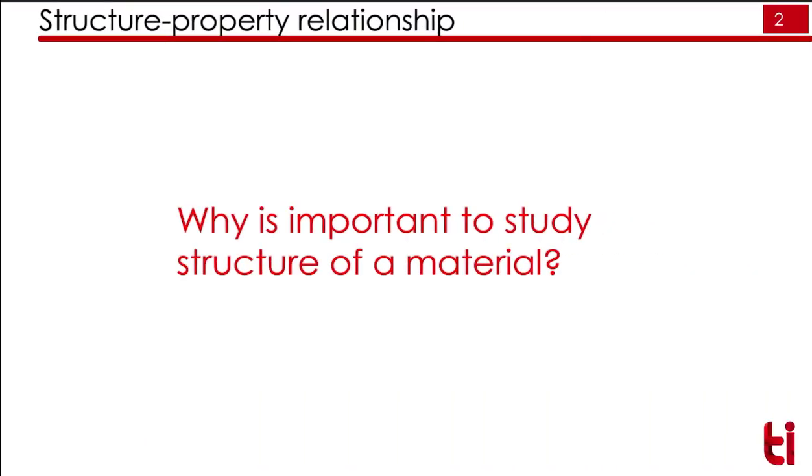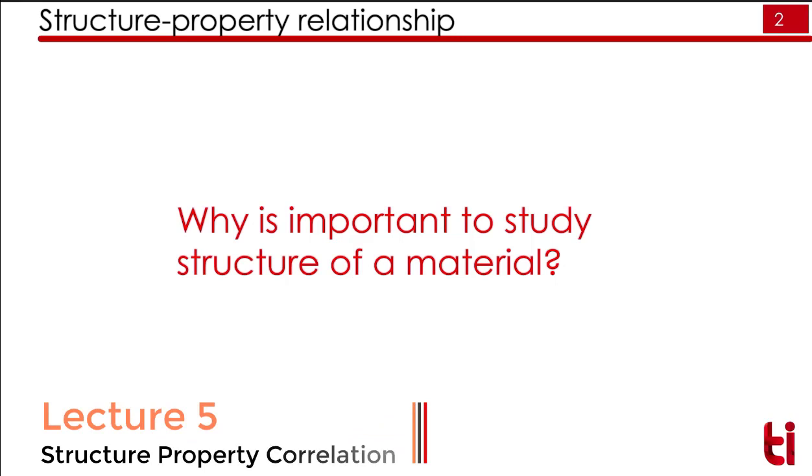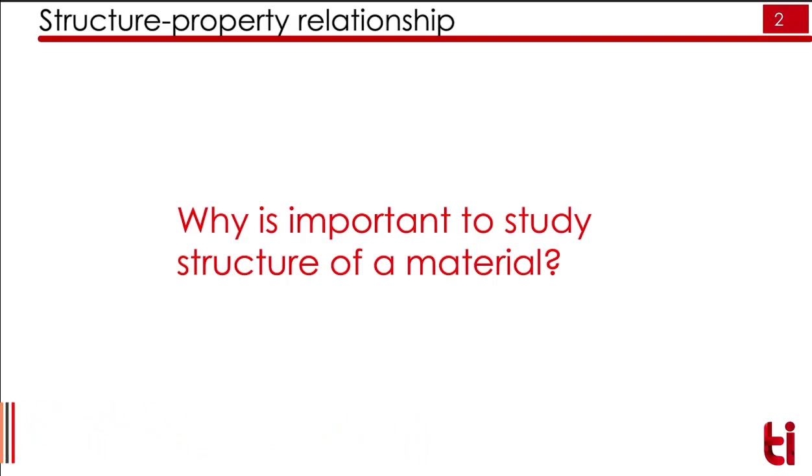The obvious question is why it is important to study the structure of a material and how it is correlated to the properties. In the last lecture we saw that there are various properties depending on the application of stimulus, for example mechanical, thermal, electrical, optical, chemical and so on.